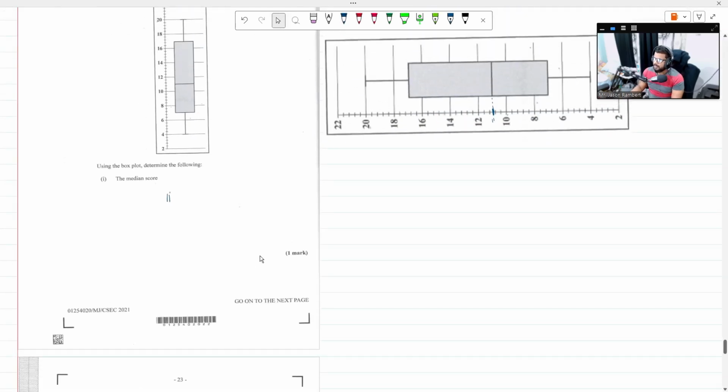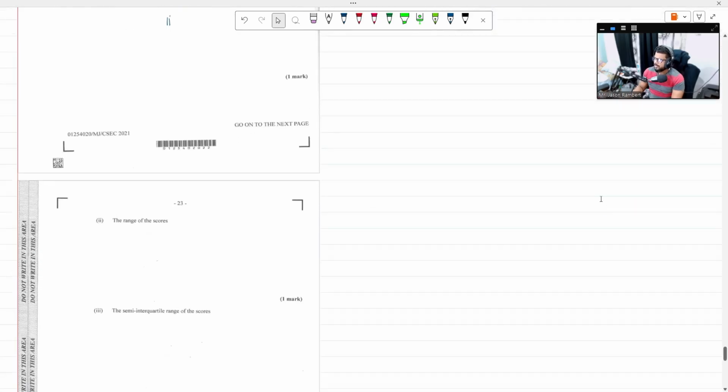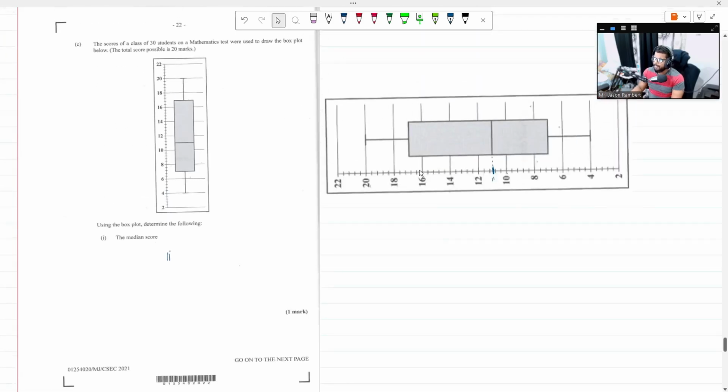The range is going to be the highest minus the lowest. 20 take away 4, which is 16. Semi-interquartile range is going to be Q3 take away Q1, a half of Q3 minus Q1.